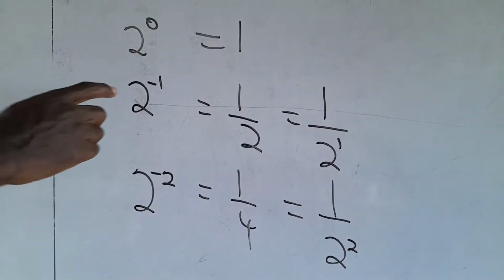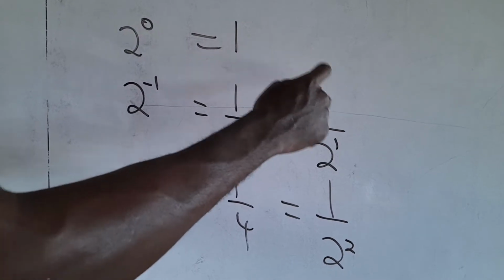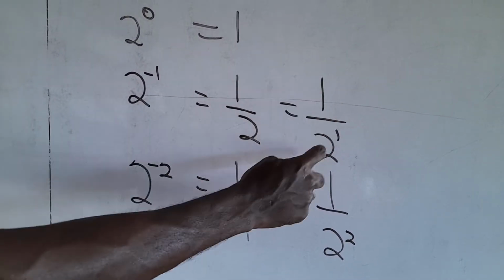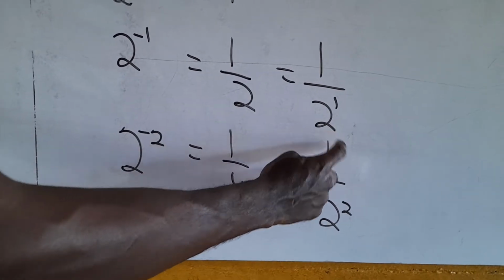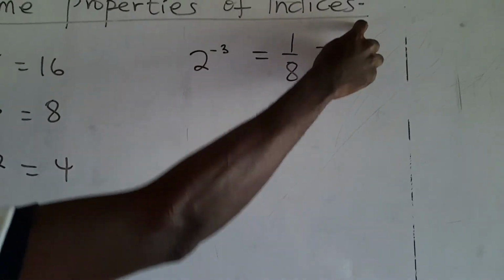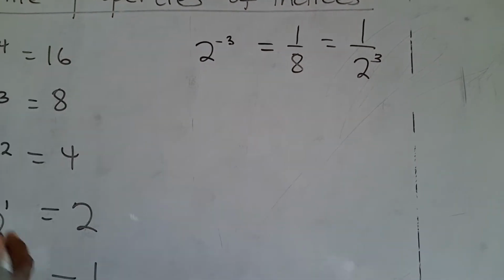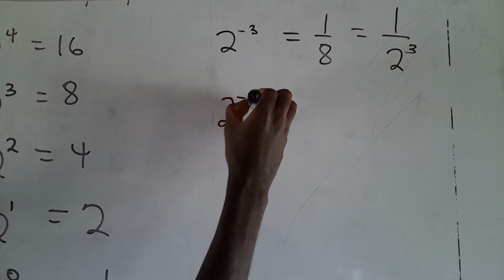So look at it, when you have 2 exponent negative 1, that will become 1 over 2 exponent 1. 2 exponent negative 2 will have 1 over 2 exponent 2. And 2 exponent negative 3 is 1 over 2 exponent 3. Then, if I have 2 exponent negative n, what will I have?